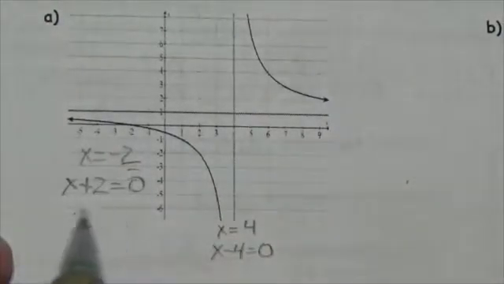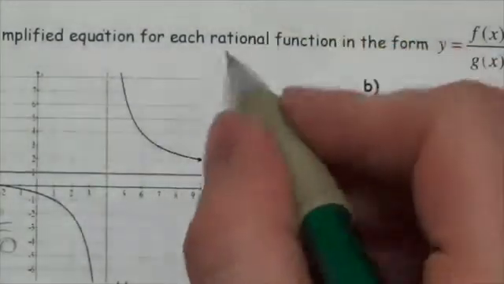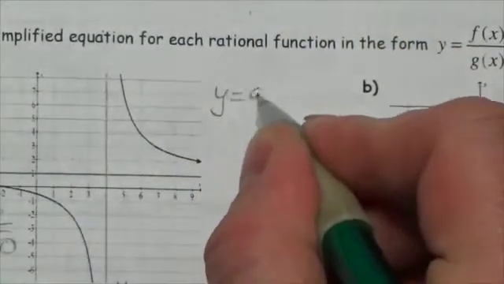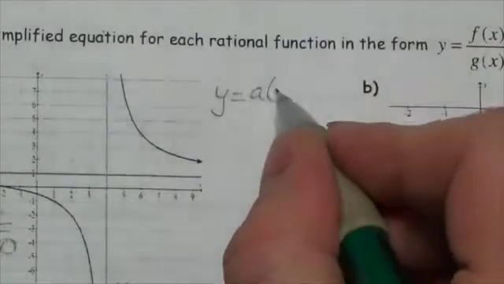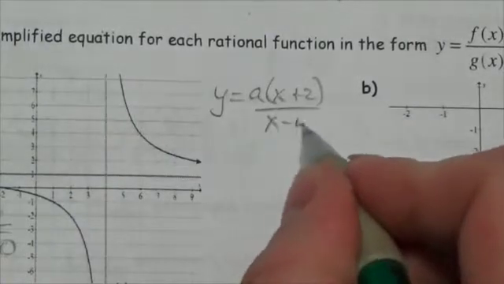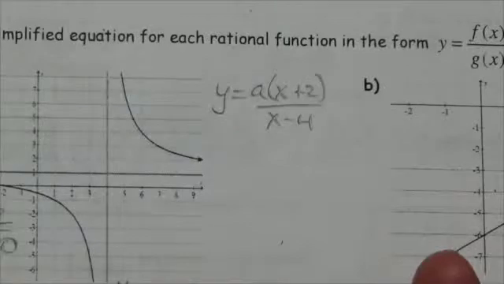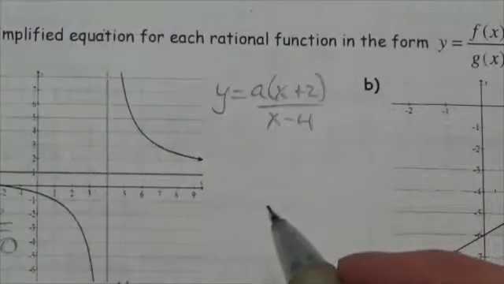That's when that goes to 0. So I'm going to make it look like this: y equals, I'm going to put a vertical stretch in there, a times x plus 2 divided by x minus 4.